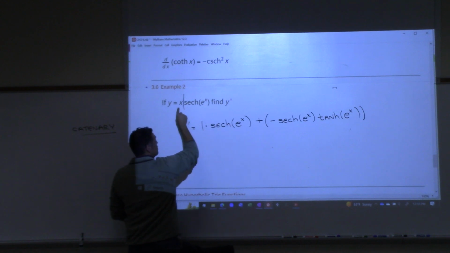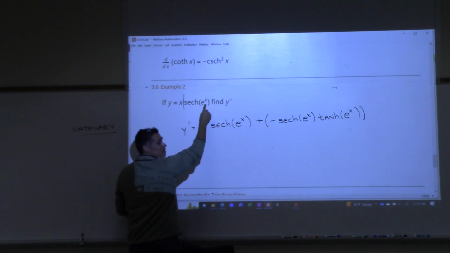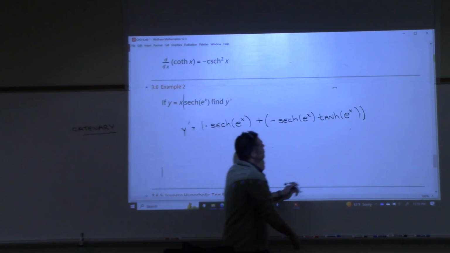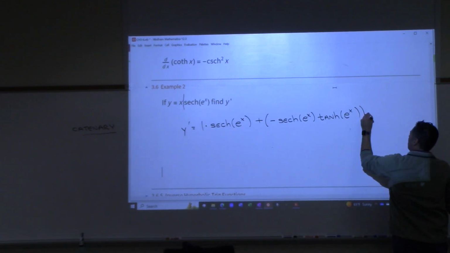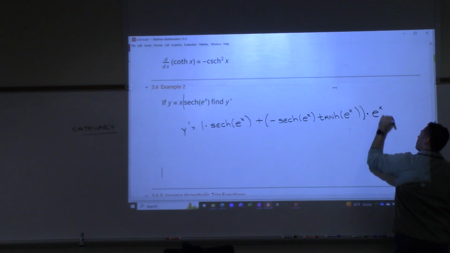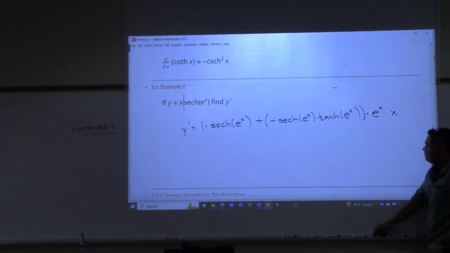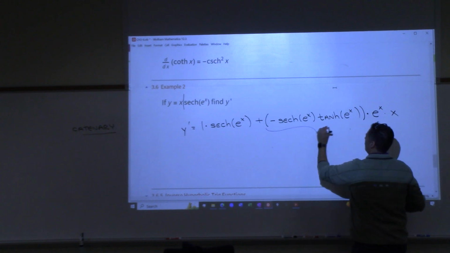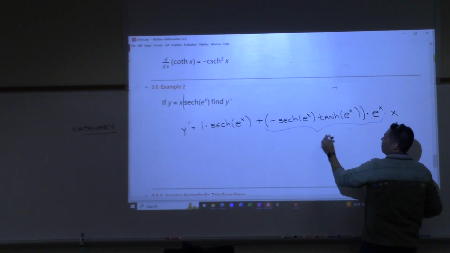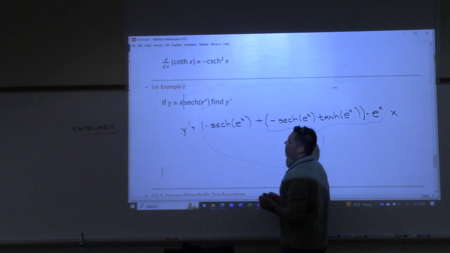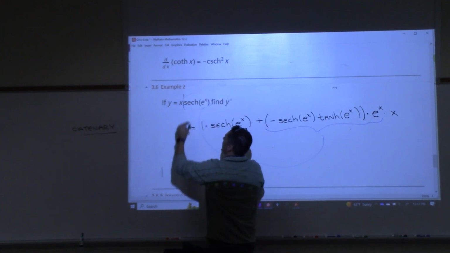I do need the x, that's product rule, but I still need the derivative of this, which is itself, at the end of this to finish the chain rule off, e to the x, and then times x to finish off the product rule. So all of this right here, all the way to there, that is the derivative of that thing right there, without the x, sorry.